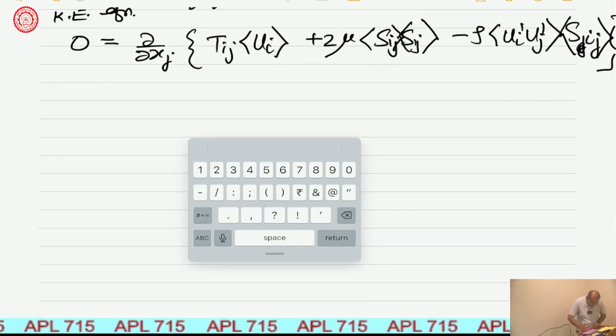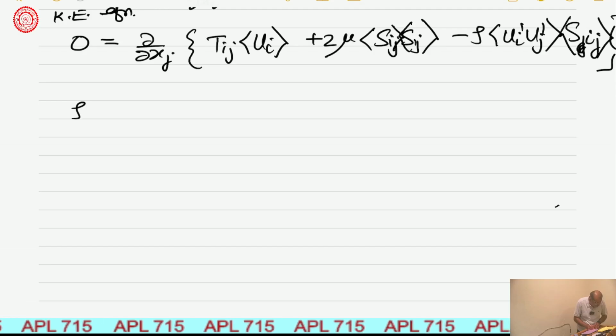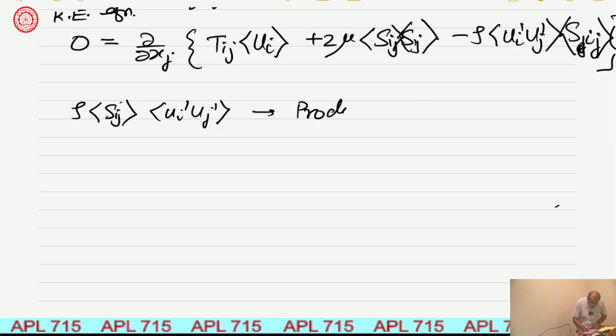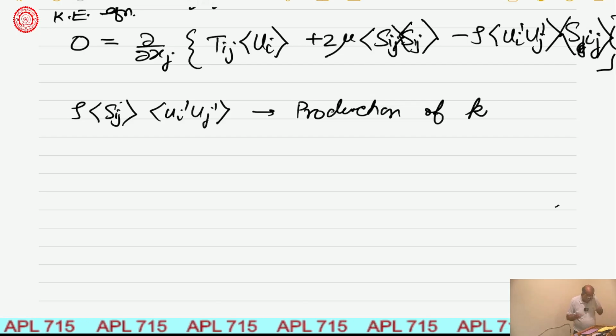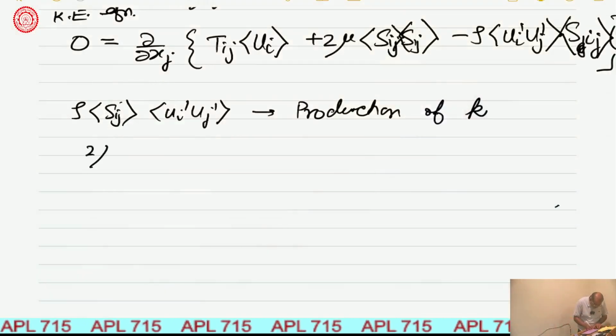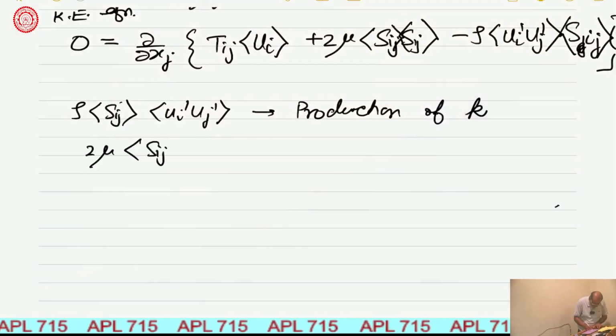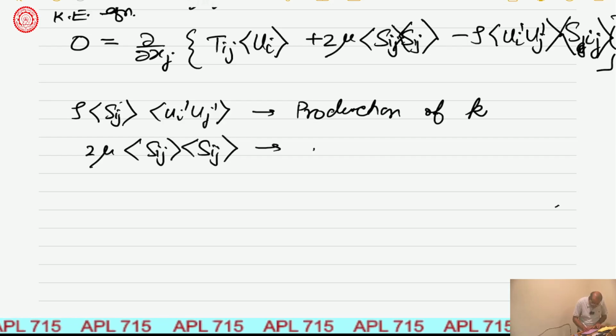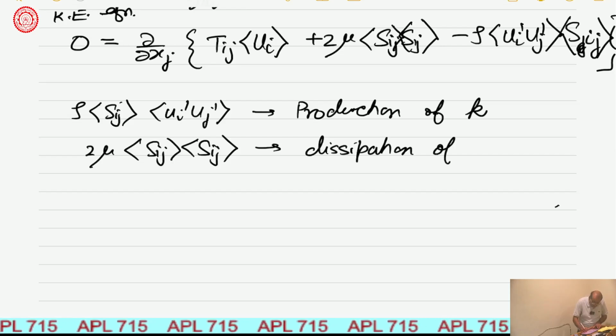Rho times mean of Sij ui prime uj prime, this is what we call the production of kinetic energy. And 2 mu Sij, this is termed as the dissipation of K.